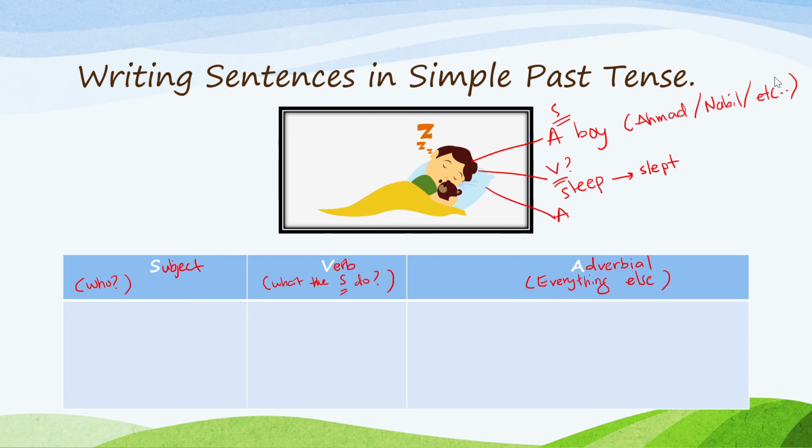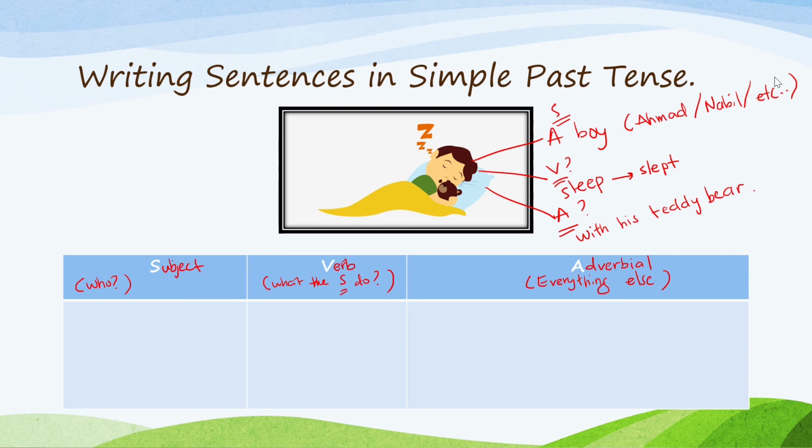How about the A? Okay, we can say anything else, everything. For this, we can see he is cuddling with his teddy bear. So, we can write with his teddy bear.